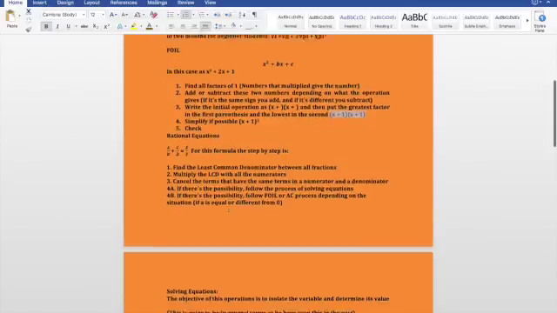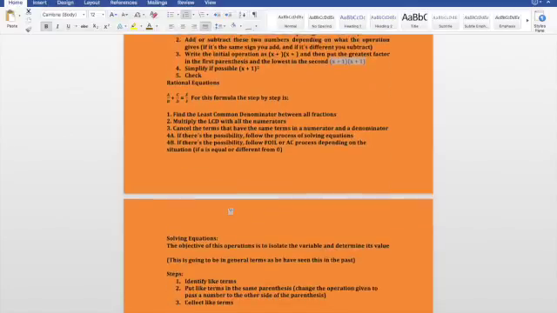In rational equations, first you find the least common denominator, then you multiply the least common denominator by each fraction to cancel out similar terms. Then cancel the terms that have the same numerator and denominator. And when you cancel these, you can solve the equations, or you can do FOIL or ACT depending on the process.